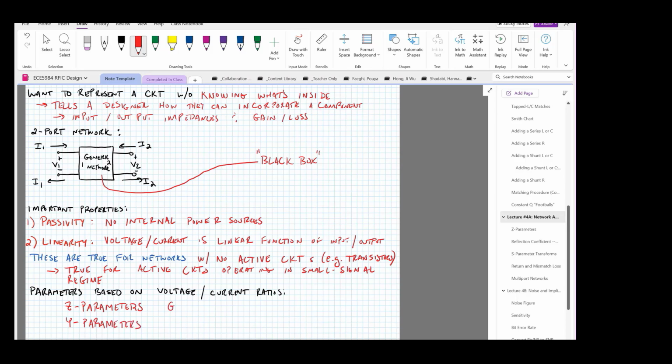We have hybrid parameters like G and H parameters. We have a set of parameters called ABCD parameters that we use in microwave circuits. And all of these different network parameters are really just telling us something about the relationships that happen at the ports of the circuit and across the ports of the circuit.